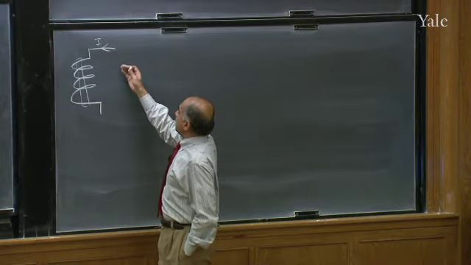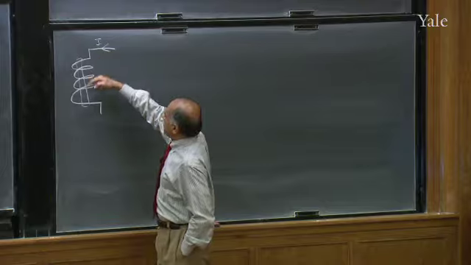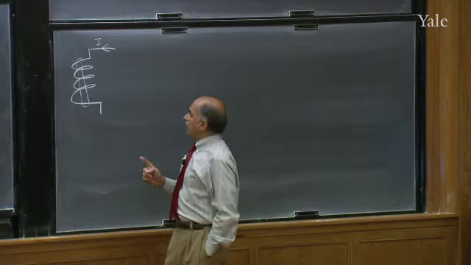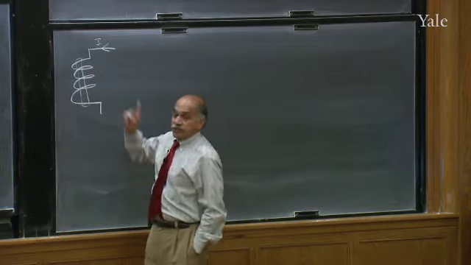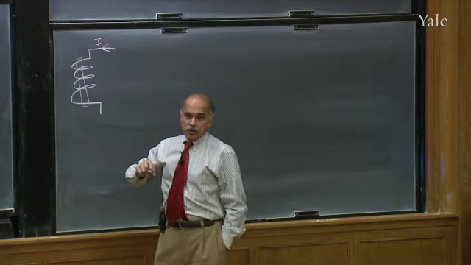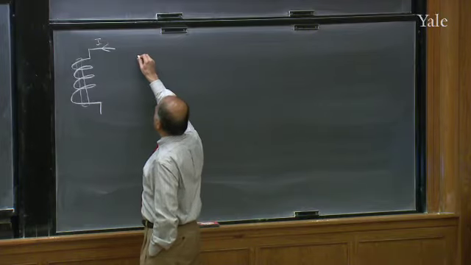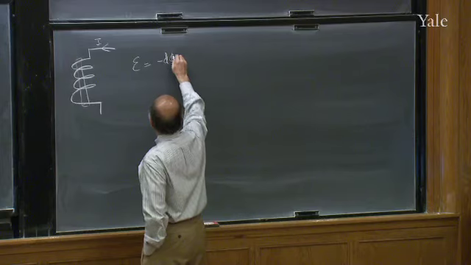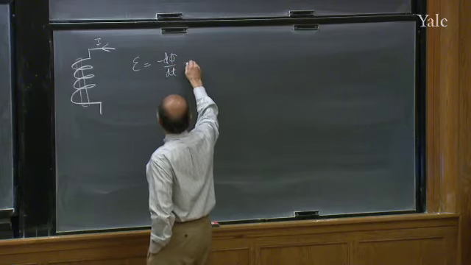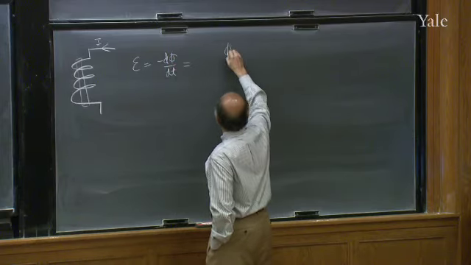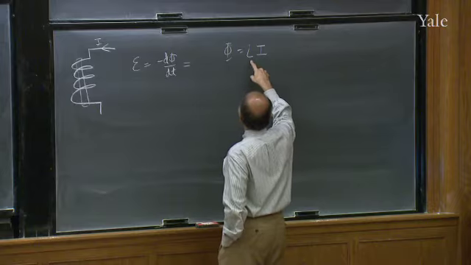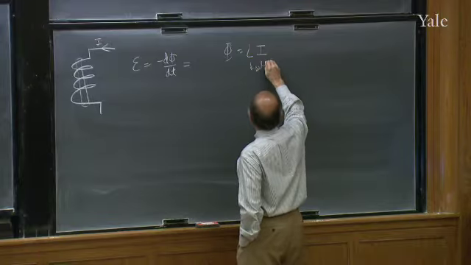So let us say the current was originally 0. You're trying to increase it and produce a magnetic flux here. Then an EMF will be generated that opposes it. And we can ask, how much is the EMF? The EMF is the rate of change of flux through that coil. I'm going to assume that the flux through that coil is equal to the current in the very same coil times a number called self-inductance.